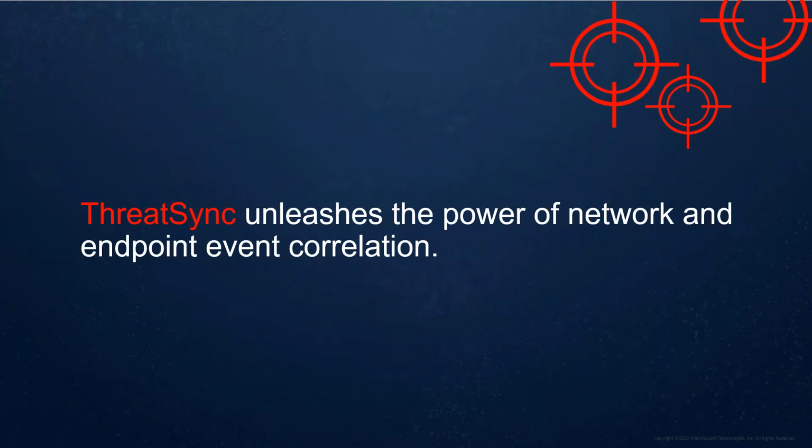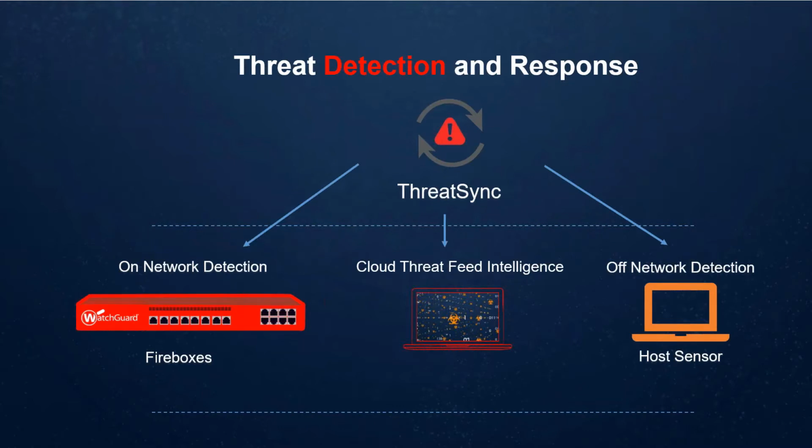So the heart of TDR is ThreatSync, and that is the powerful engine we have in the cloud that allows us to correlate all this data and information from, as I've mentioned, network perimeter devices like Fireboxes, as well as the host sensors that are reporting information coming in on remote systems, and then as well as those subscription feeds and intelligence from third parties.